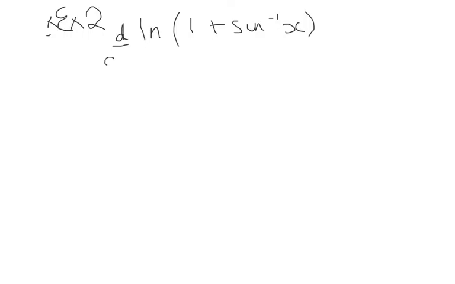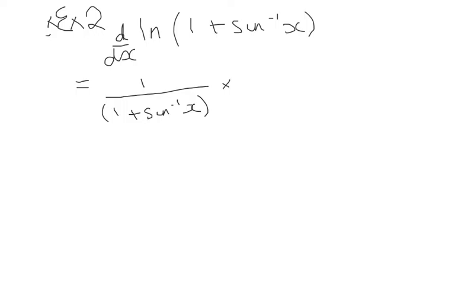Example 2. Log of 1 plus inverse sine x. We're going to find the derivative, d dx. So again, this is just a chain rule. The big function is log, that's on the outside, so we differentiate log. I'm just going to write 1 over 1 plus inverse sine x. So that's the derivative of log.